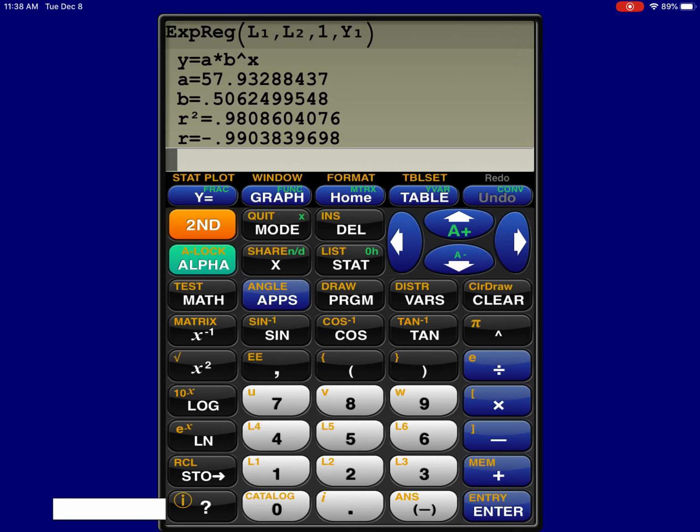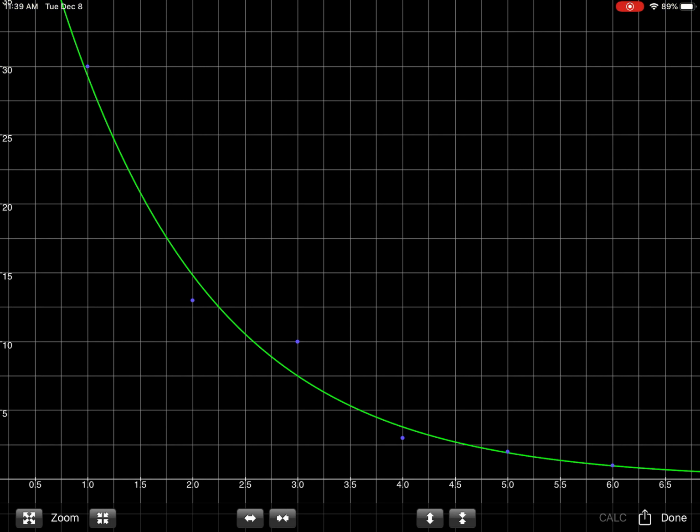Okay, there's my equation. So A is your y-intercept, B is your common ratio, r squared, coefficient of determination, and r is correlation. So I know it's going to be a negative and a strong. And then if we went back to our graph, it should be there. There it is. See it?